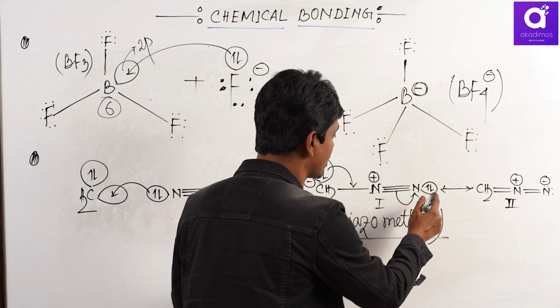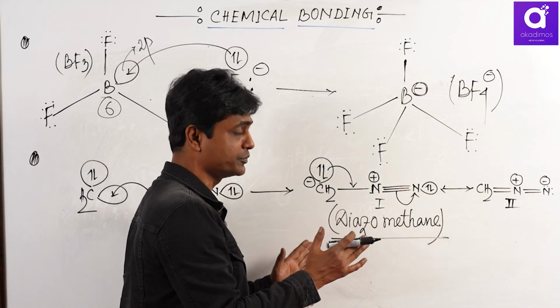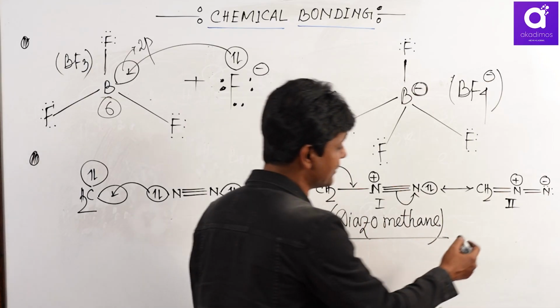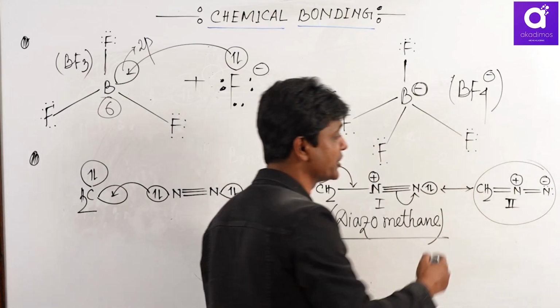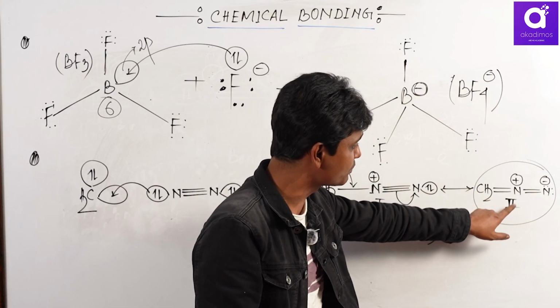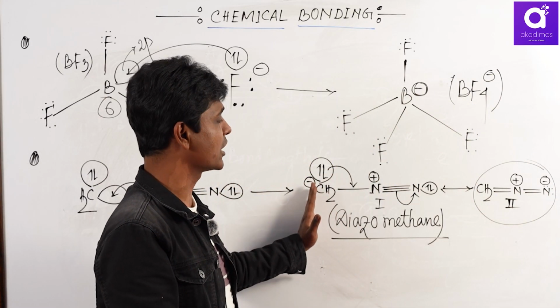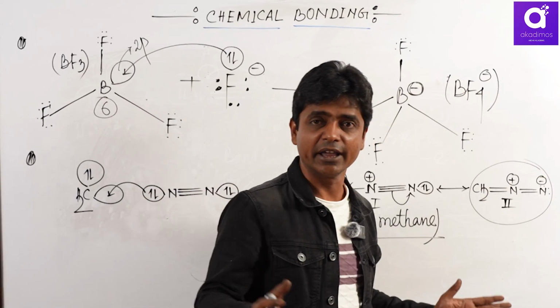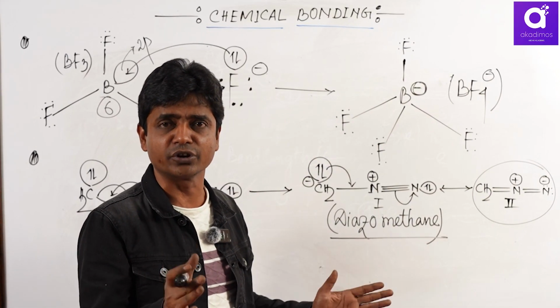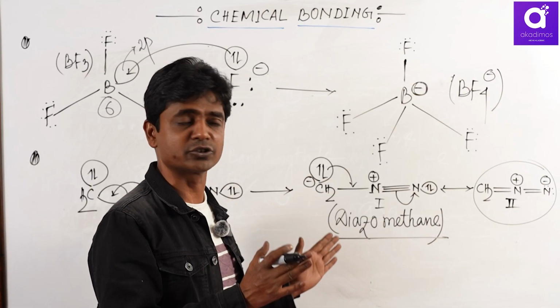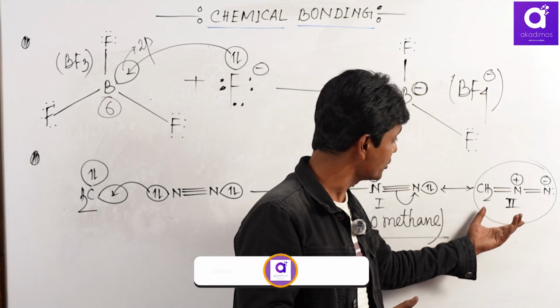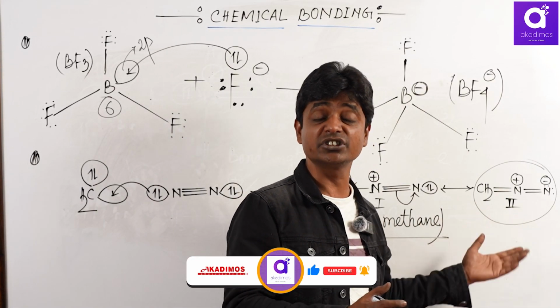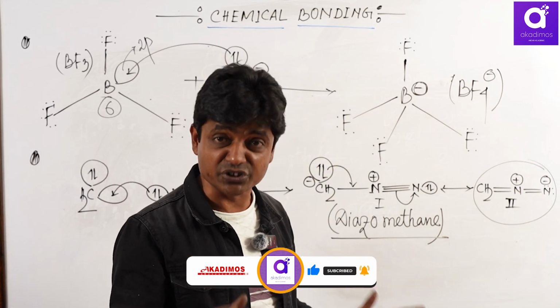You got the structure of CH2N2, that is diazomethane, a complicated structure, and I have drawn here another canonical form of diazomethane. Remember this canonical form is more stable, since here minus charge on carbon, here minus charge on nitrogen. You know minus charge on an electronegative atom is more stable than on an electropositive one. You got the important structure of diazomethane, which is an important reagent in organic chemistry.